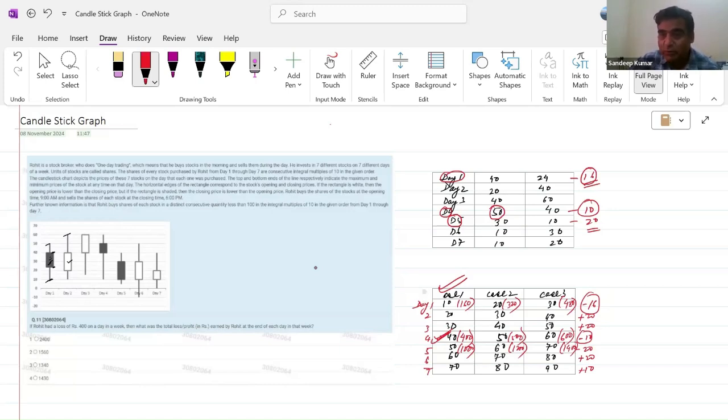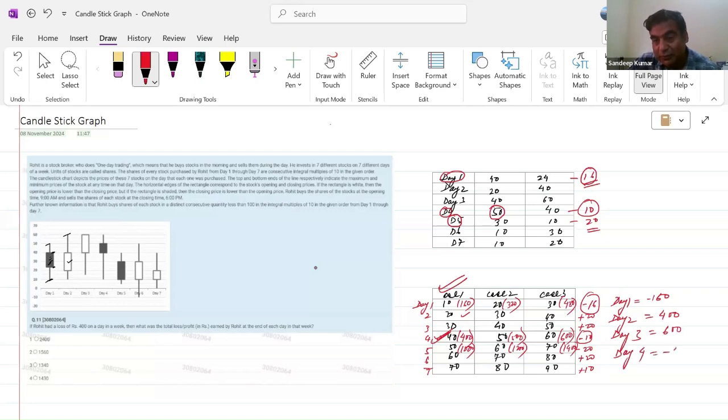So if we are looking at case one, day one, he's making a loss of 160 rupees. Day two, he's earning a profit, 20 into 20. That is 400 rupees. Day three, again, he makes a profit of 20 rupees per share and he's buying 30 shares. So 20 into 30 is 600. Day four, he makes a loss.